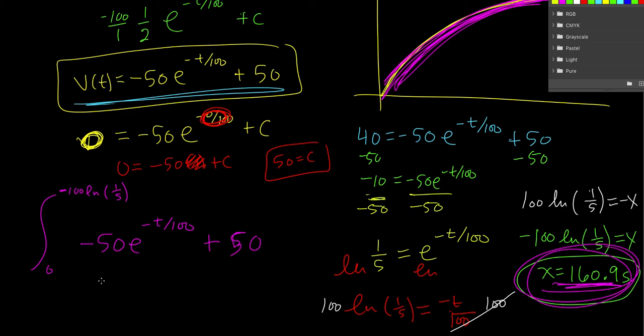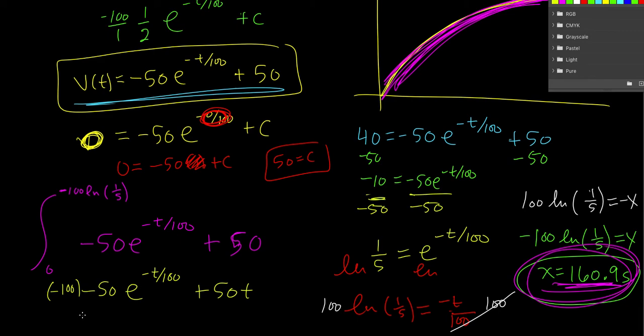Okay. And so when we take the integral of that, we bring down the 50, negative 50. Since e to the x is its own antiderivative, we do that, and then we need to multiply by the reciprocal of the derivative. So we get negative 100 that we times that by, and then this one just becomes 50t with the antiderivative.